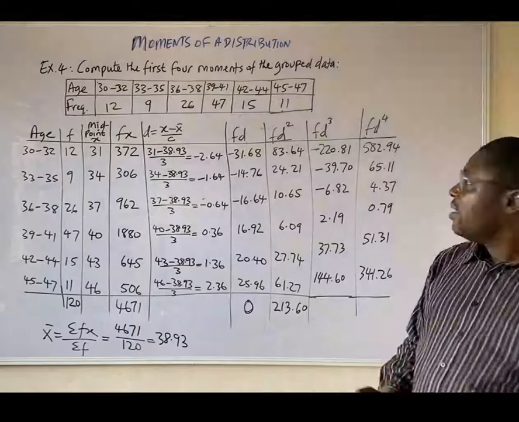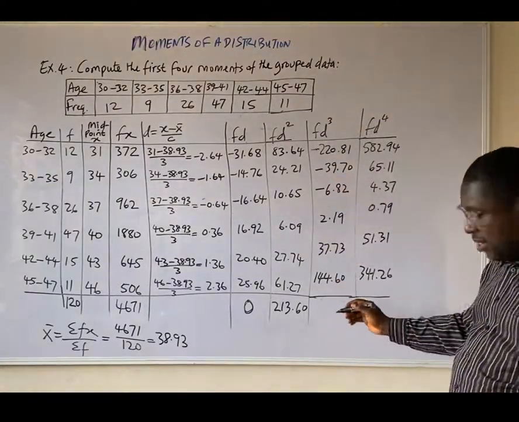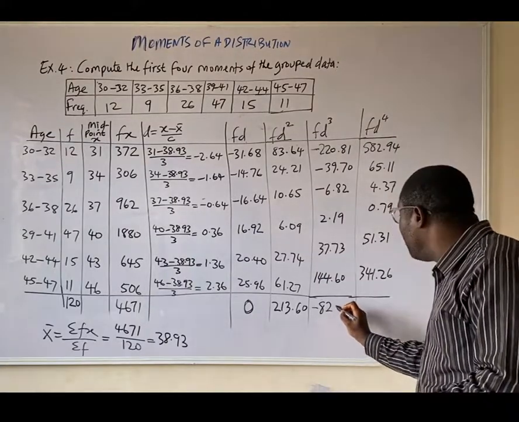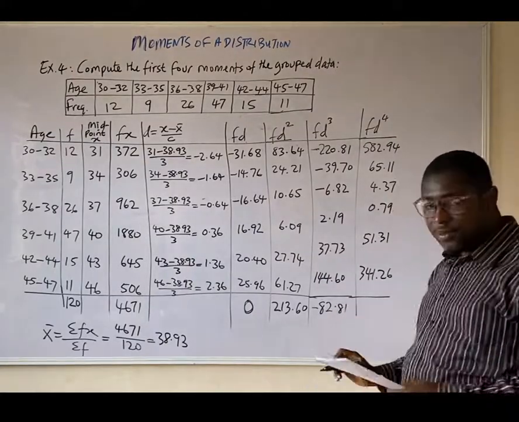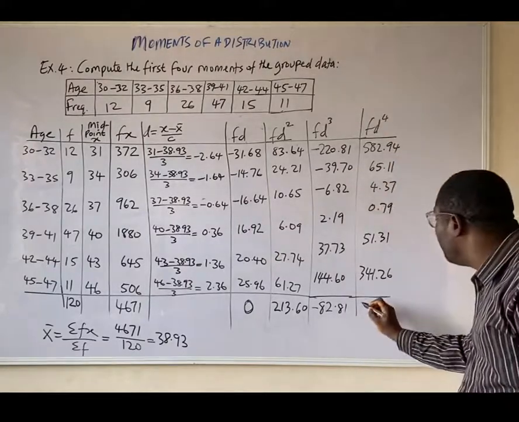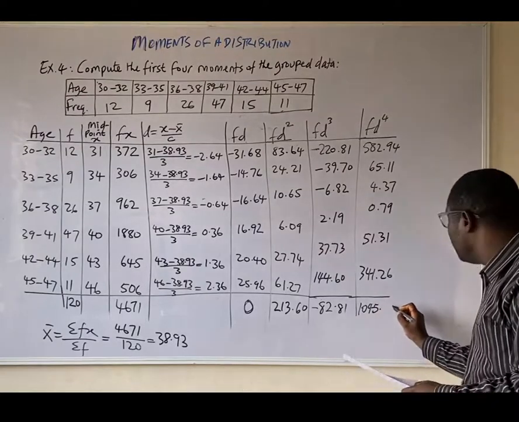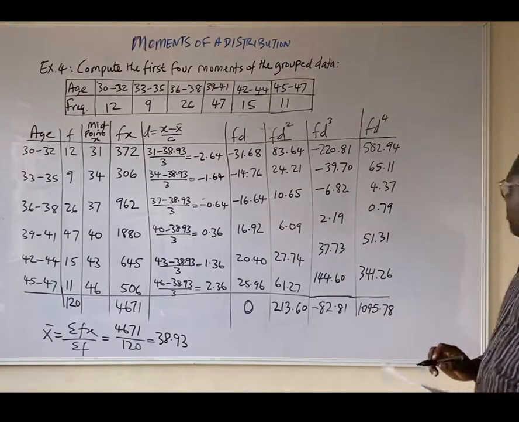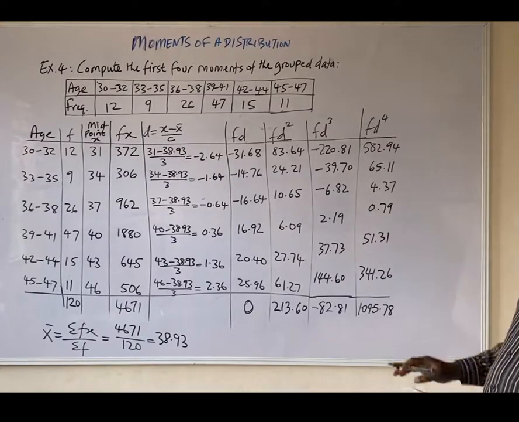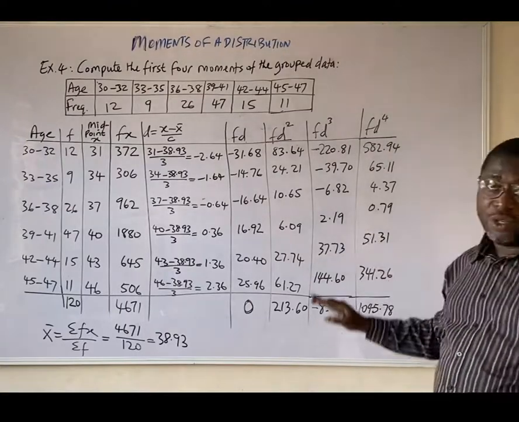Then the next one, if you sum this up, it should be minus 82.81. Then the last summation will give you 1045.78. So that's what we have as our summation of our degrees of deviation.